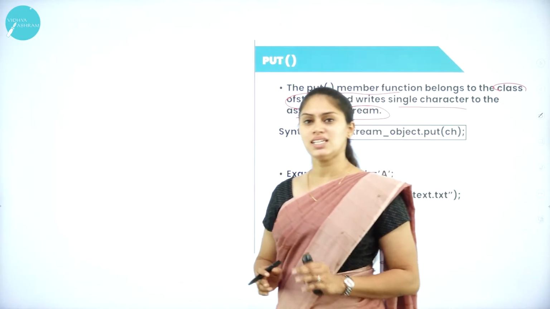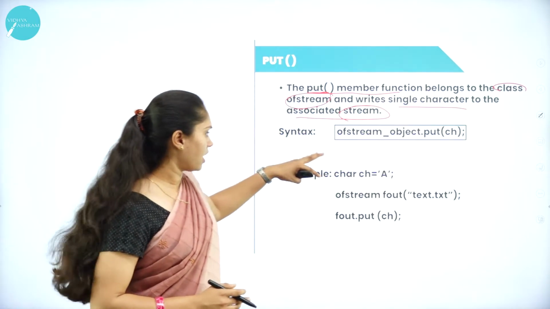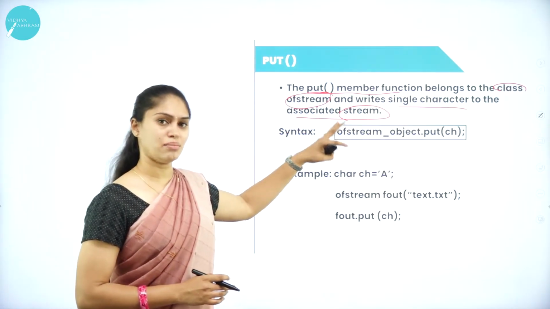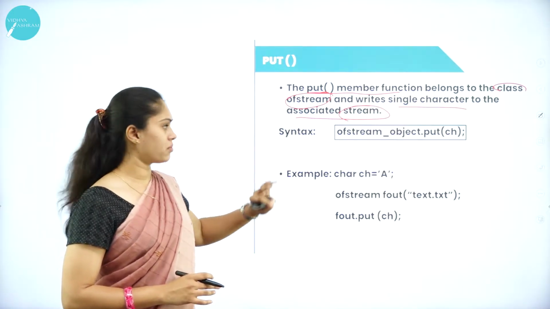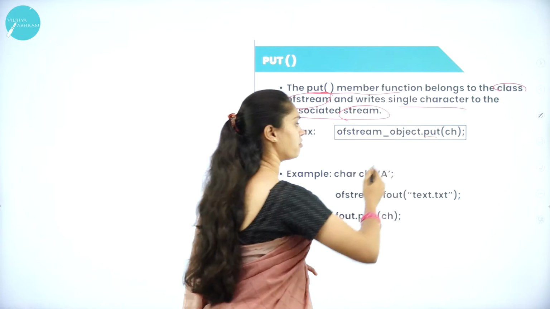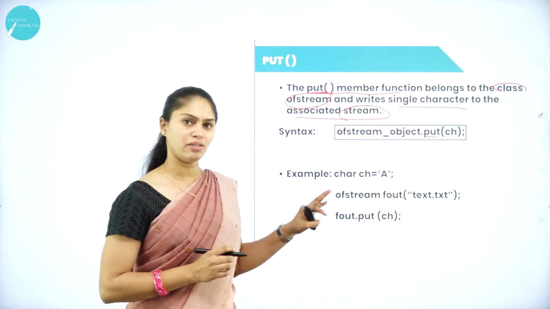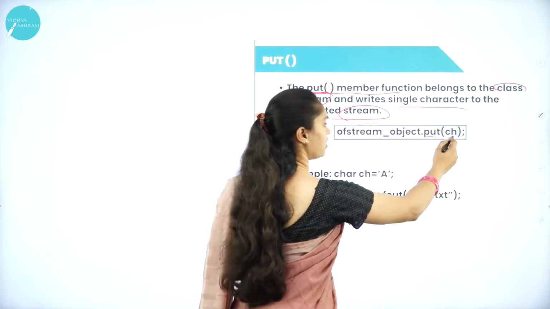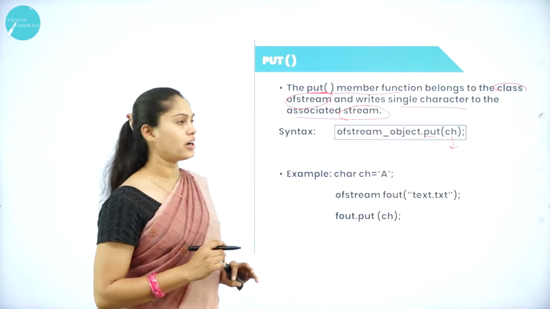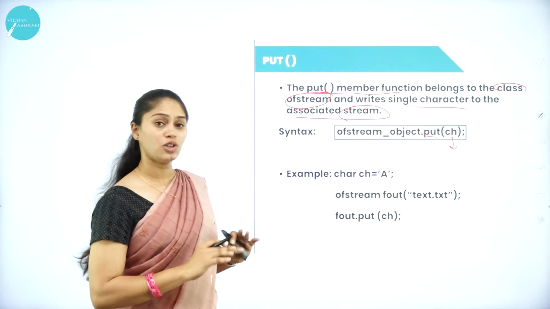If you consider the syntax, I have an ofstream object. That means I am creating an object for ofstream, the output stream, and then calling the member function put. Put is the member function of the class ofstream. Within the parameter, I send one character in order to write that single character to the stream.